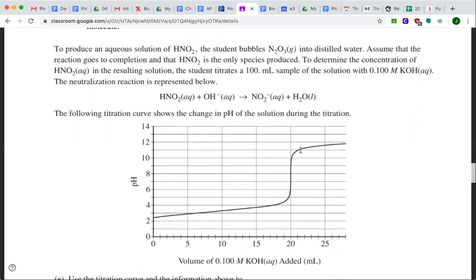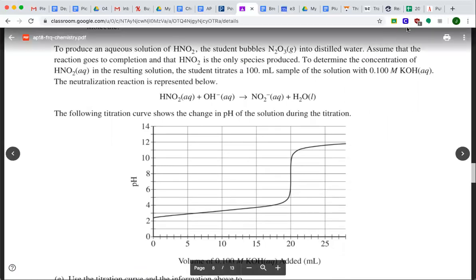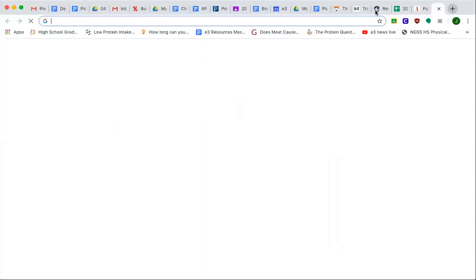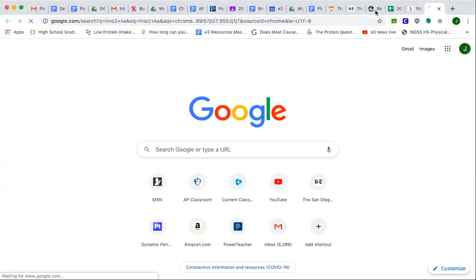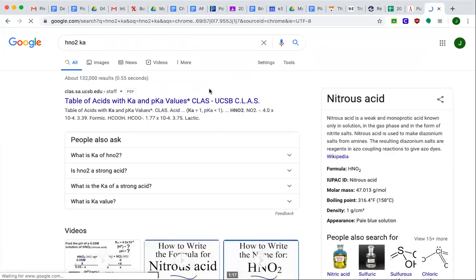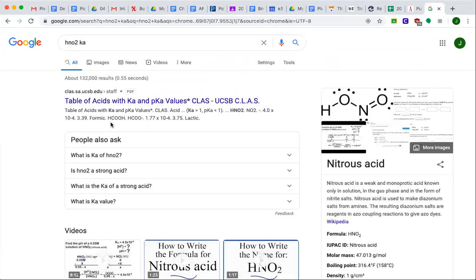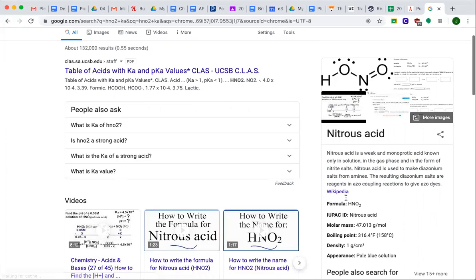Okay, so it's almost right at a pH of 7. Let's see what the Ka of HNO2 is. I'm not sure. I want to say it's a strong acid, but let's just double check. So, all right, HNO2 Ka. What is that? Oh no, it's a weak acid. Well, it's a fairly strong weak acid. So what is this?